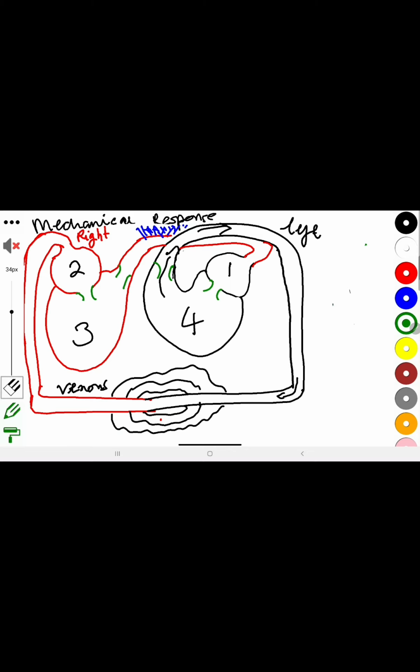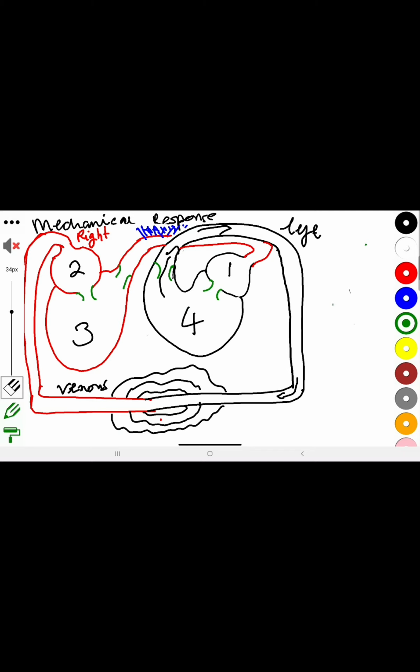Now, when at rest, there are particular pressures happening on both sides of the heart. The things that occur on the right side of the heart are very similar to what is occurring on the left side.